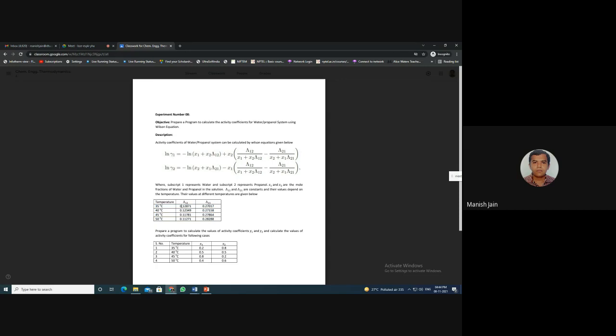In this table you have the values of the constants, and here you have the mole fractions. Again, substitute the values and determine gamma 1 and gamma 2. You just have to modify this equation: take the ln to the other side and you will get the exponential of this quantity. Then substitute the values and calculate gamma 1 and gamma 2. This is also a very easy program.